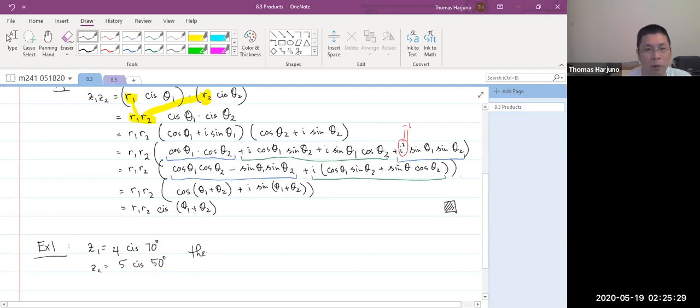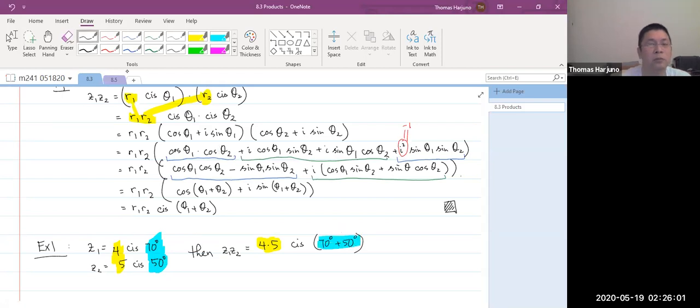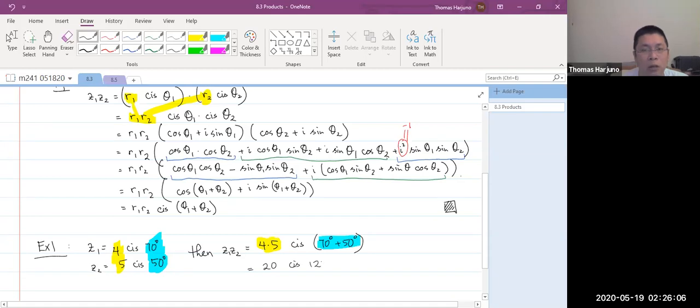Then the product C1 C2 will be 4 times 5, the product of the magnitudes, cis of 70 degrees plus 50 degrees, the sum of the angles, which is equal to 20 cis 120 degrees.